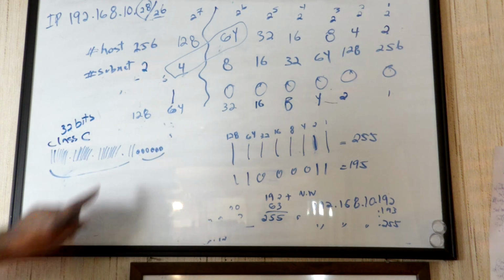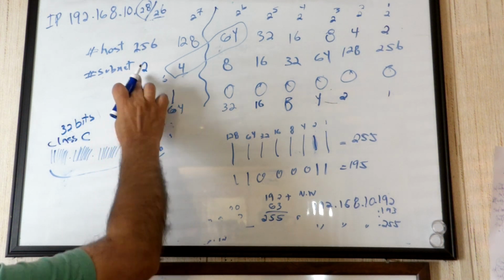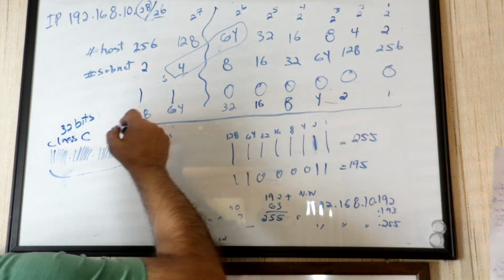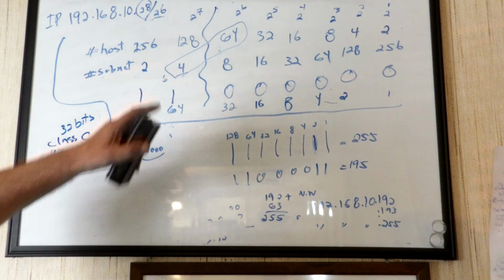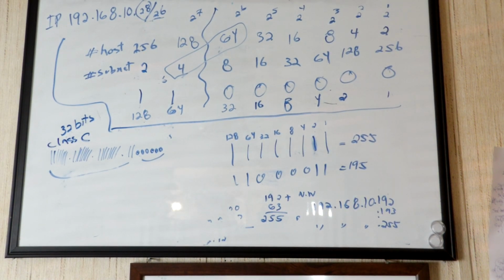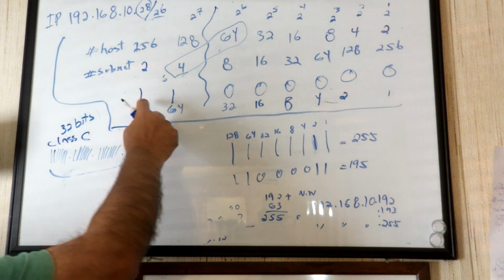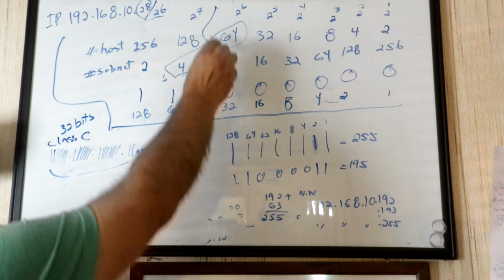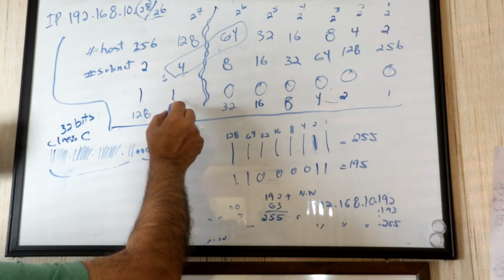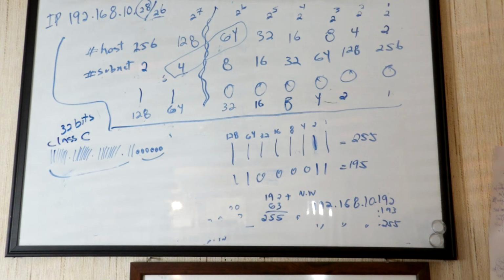See, we borrow 2 bits, and here is the table for class C. What we do, we say if we borrow 2 bits, we draw a line here, and we have 4 subnets and 64 hosts in each subnet.